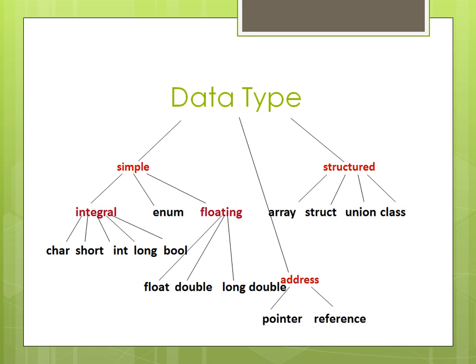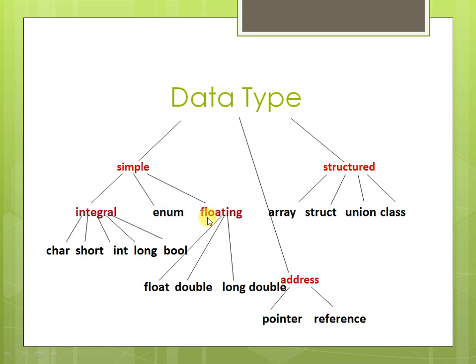Okay, so acceptable data types. These are some of the acceptable and basic data types in C++. If I talk of the first category, it is the simple data types, and within the simple data types, it is the integer or the support of integer values: character, short, int, long, and bool.